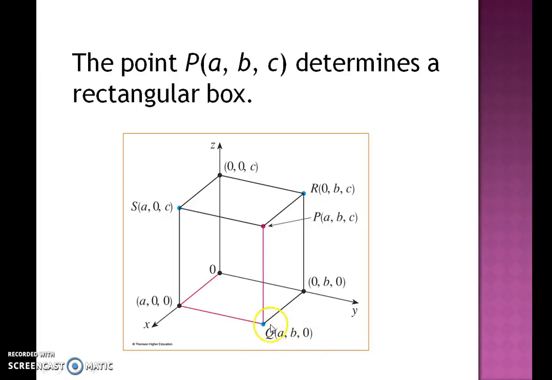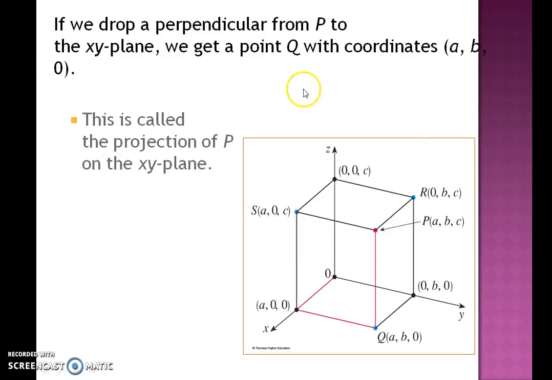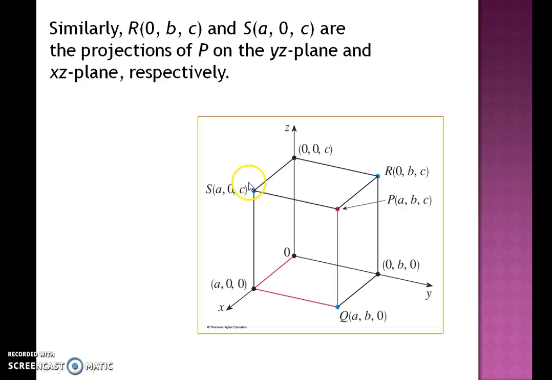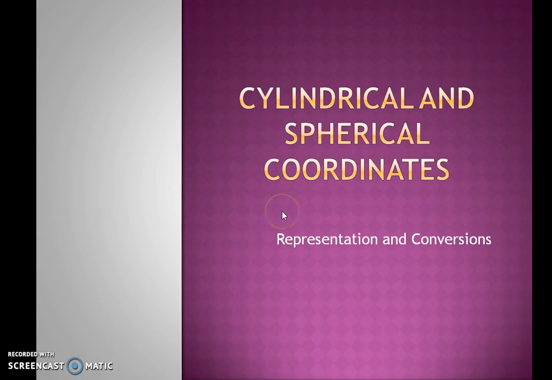That is, the Z coordinate in this plane is equal to 0, and therefore the coordinates of Q become A, B and 0. Similarly, the coordinates of R are 0, B, C and the coordinates of S are A, 0, C. Similar to that, the process is given to locate all these points.